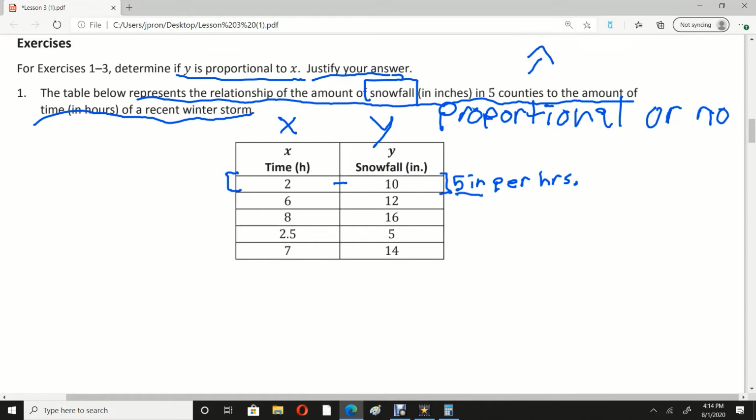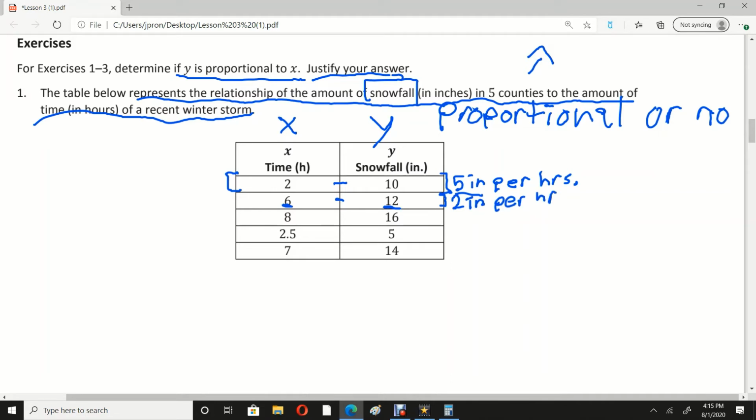Okay, so let's move on to the next subset. If in 6 hours, 12 inches of snow falls, how many inches per hour was that this time? Well, we can do it just like we did last one. Divide the number of inches of snowfall by the number of hours, and that would get us 12 over 6, or 12 divided by 6 happens to be 2 inches per hour.